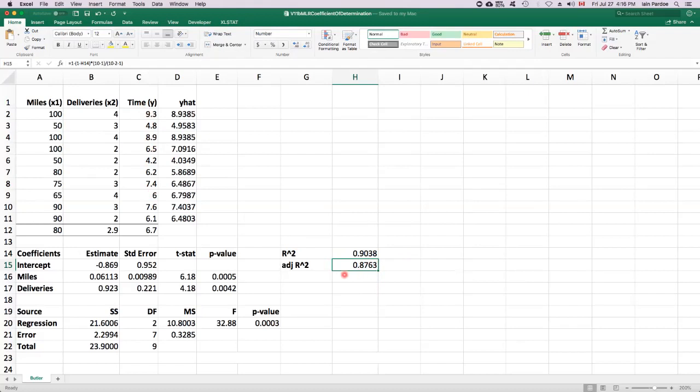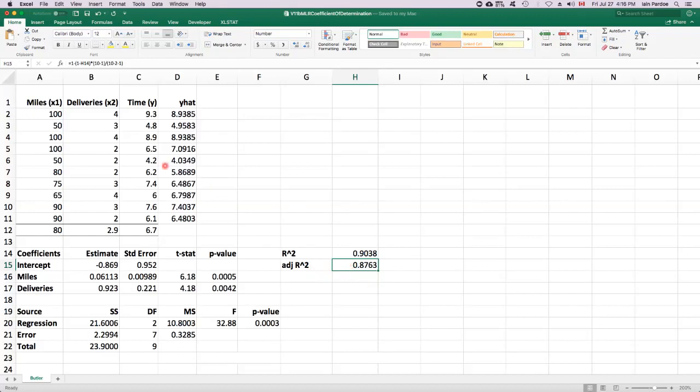By itself, looking at this number, 0.8763, it's not very meaningful. But if we were to do some model comparison, then we would compare the adjusted R-squared for the different models, and we would favor the model with the highest value of adjusted R-squared. So that's what this number is.